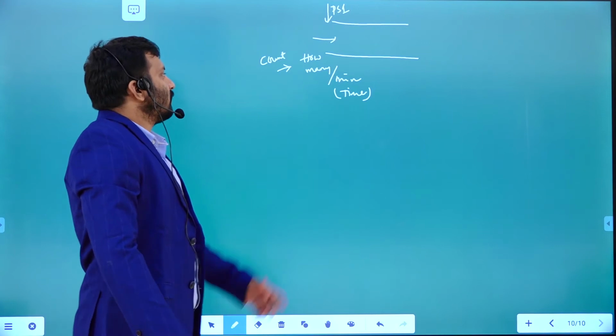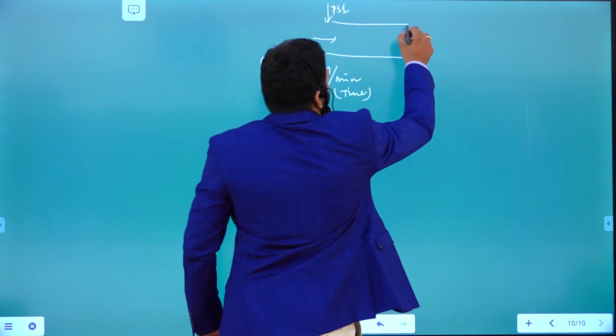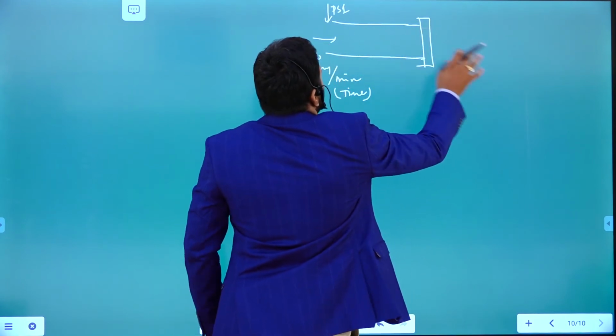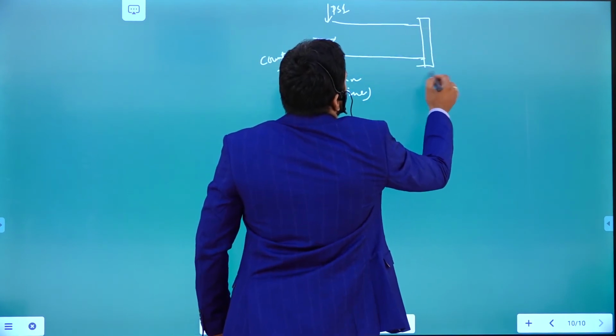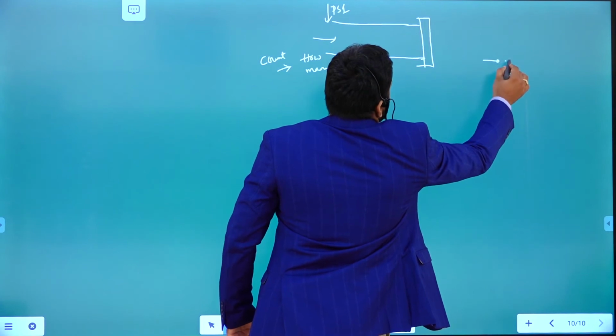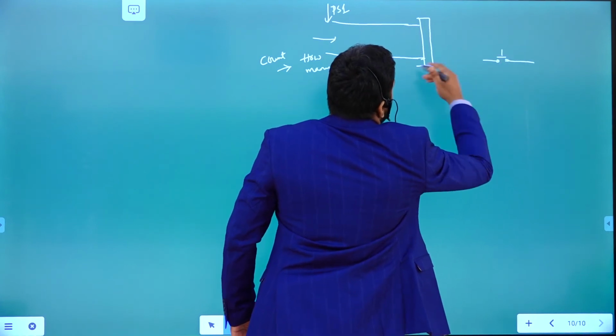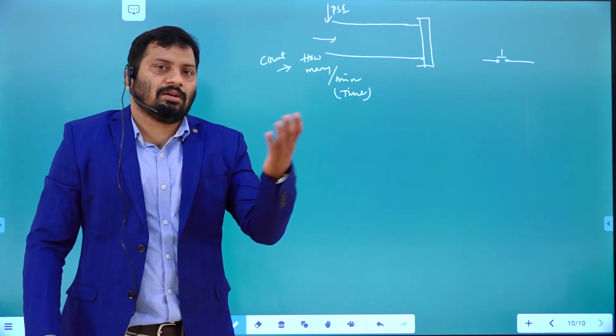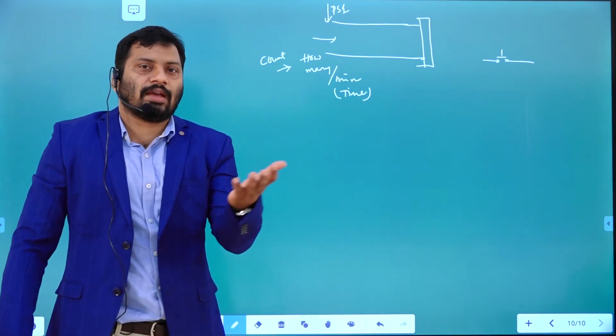For the timer, anyway, to start and stop this process, we have a master control switch, one push button, and one motor which is going to be connected to the conveyor which is going to carry these devices, right?